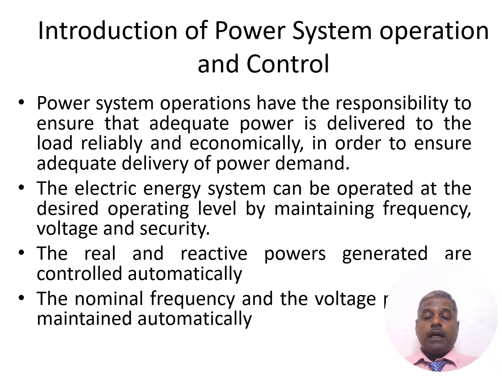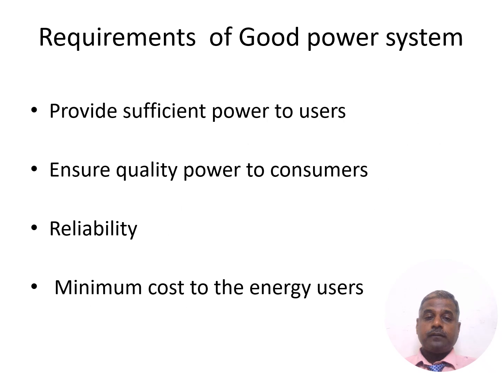Not only voltage and frequency: the real and reactive power requirements, and any deficiency or excess of real and reactive power going in the transmission line, are also monitored and controlled by the power system. So the voltage and frequency can be maintained automatically. This is the introduction of power system operation and control.